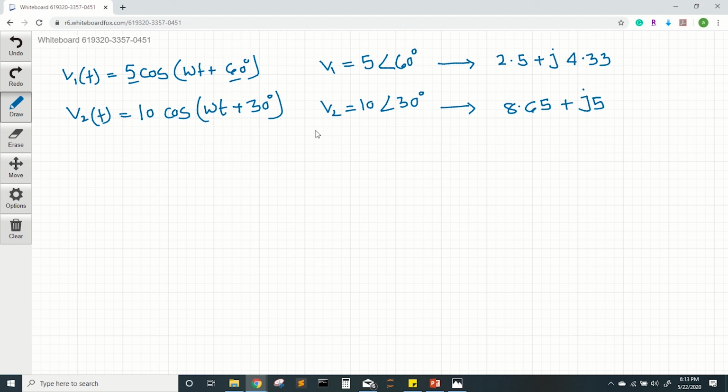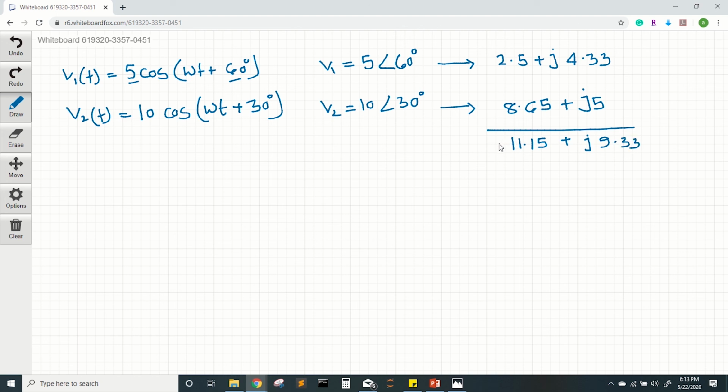Now I'm going to add these values here. It will come to 11.15 plus j 9.33.